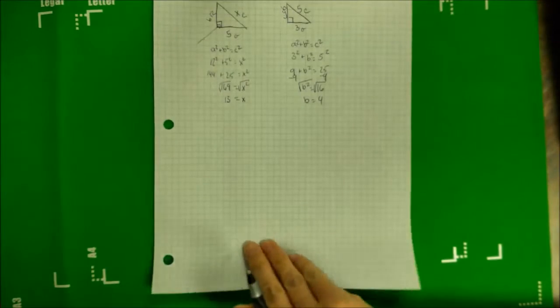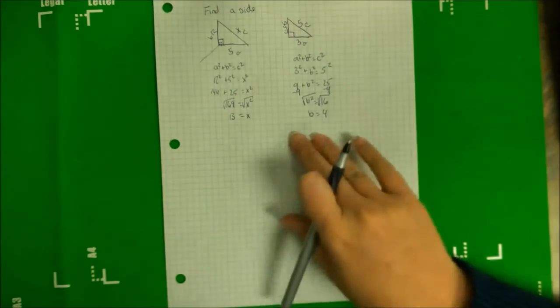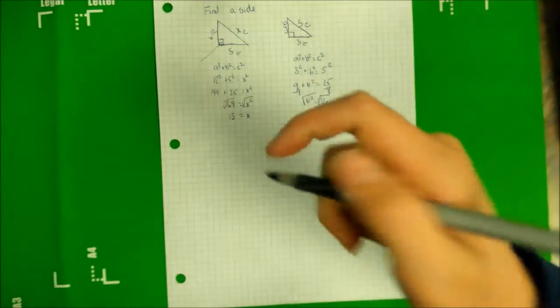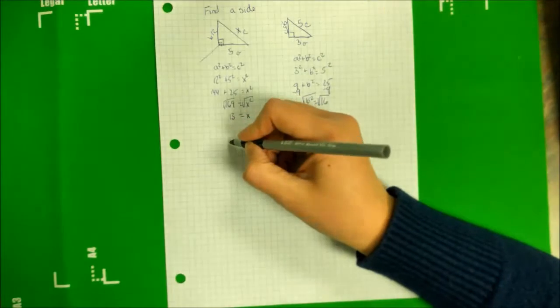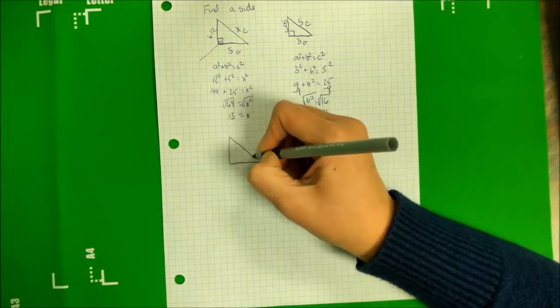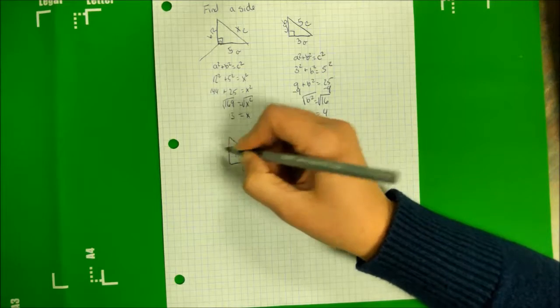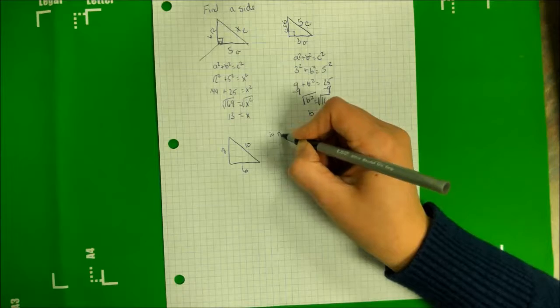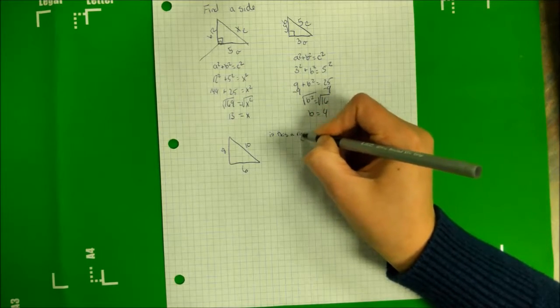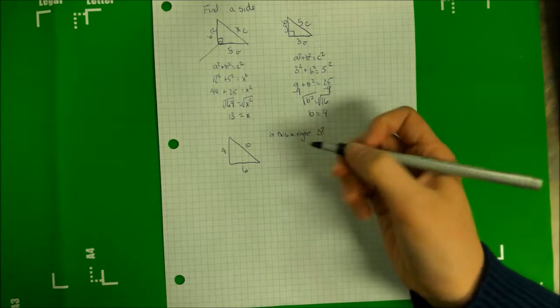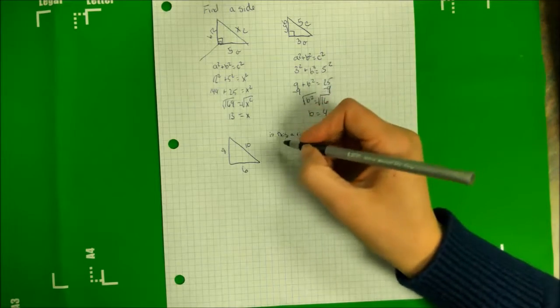Okay. The other thing I can use the Pythagorean theorem for is to check to see if a triangle is a right triangle. So let's say I was given the sides 6, 8, and 10. And I wanted to know, is this a right triangle? Well, here's how I would do it.